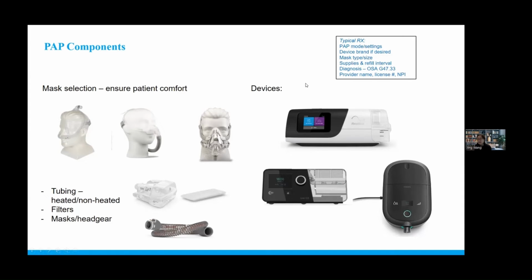You want to include the mask type and the size, or you can say something like best fit, if you don't know the specific mask that the patient needs. And then you want to type in a refill allotment for supplies and how frequently it's refilled. A diagnosis is important. The diagnosis of OSA is G47.33, as I'm sure everyone knows. And then you want to include the provider name, license number, and NPI. All this information then gets sent off to the DME, and the patients can be set up with their devices.